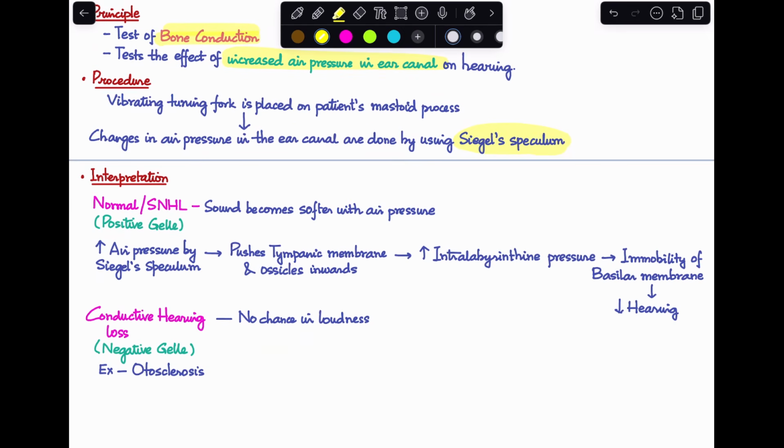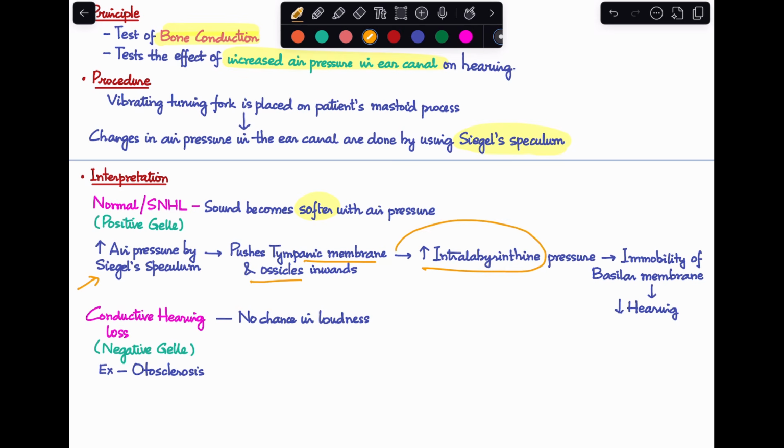Now, what is the interpretation over here? In a normal person or a sensorineural hearing loss case, we'll see that the sound becomes softer with air pressure. What is the pathway over here? When you increase the air pressure with the Siegel's speculum, the air pushes the tympanic membrane and the ossicles inwards.